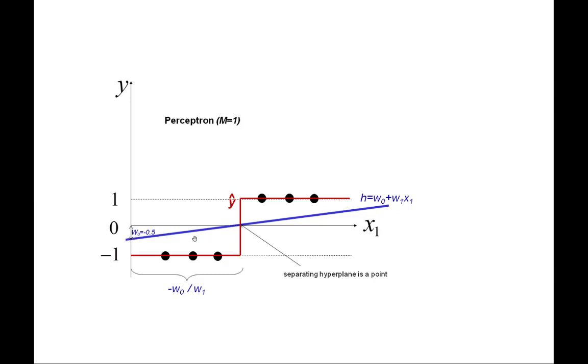This blue one is the h curve, so h of x, and the red one is y, so after applying the sign function, the y of x. And where is this point? If you set this to 0, it means this point is located at a distance of minus w0 divided by w1. And this is this famous separating hyperplane. In this case, it's a point because there's only one input.